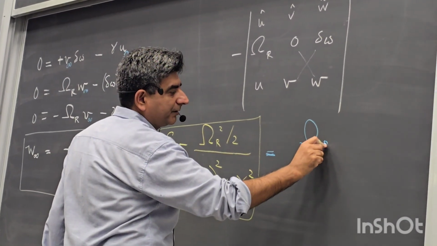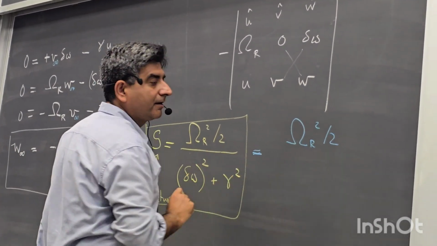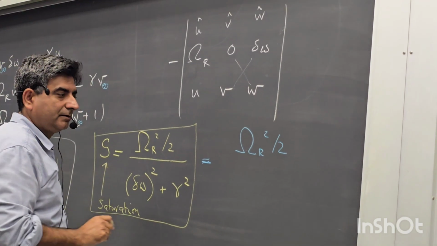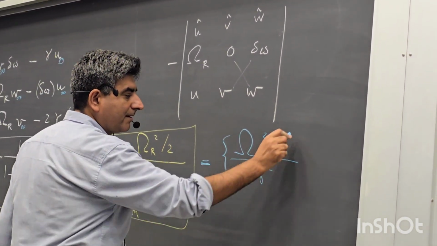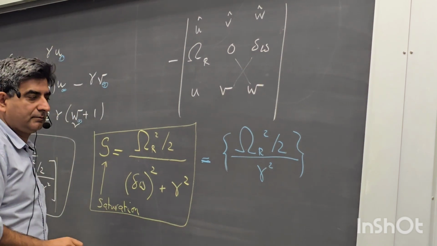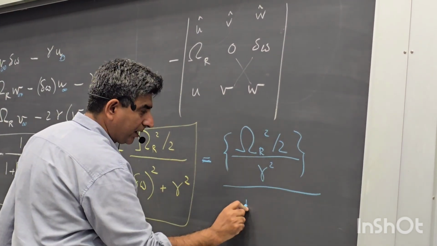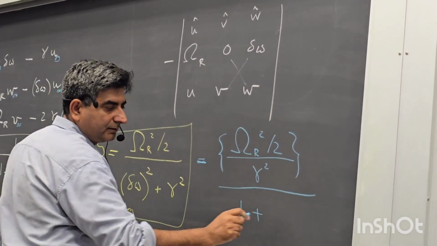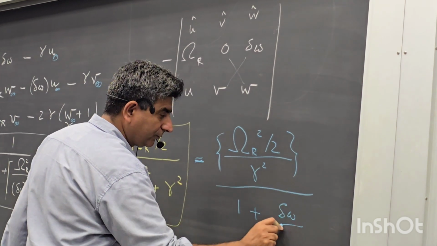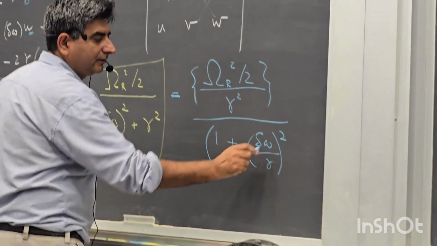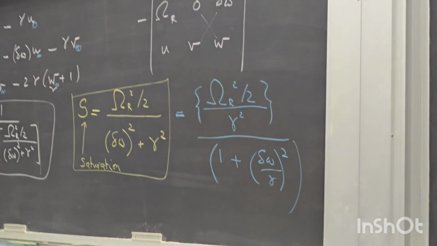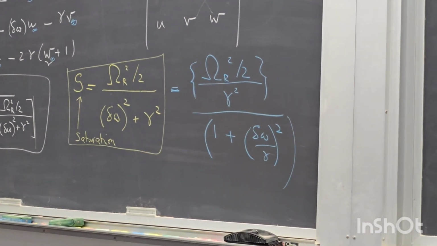Omega r square over 2 divided by gamma square, one plus delta omega over gamma square. Okay? So just recast this fraction into this form.